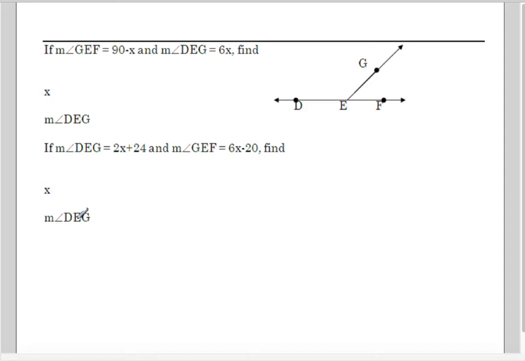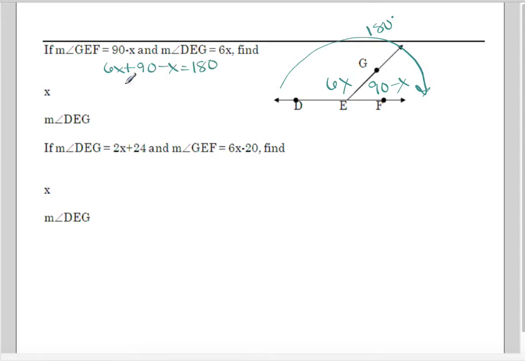And then the last part here is these two problems. It says if the measure of GEF, so GEF is 90 minus X, and they said the measure of angle DEG is 6X. Well, together they're making a straight line, so together they'll add to 180 degrees. And so to find X, we're going to do 6X plus 90 minus X equals 180.